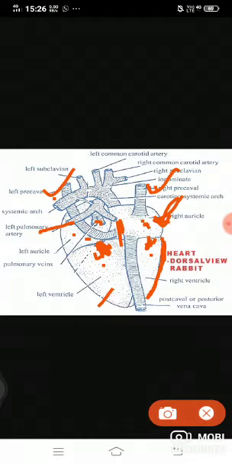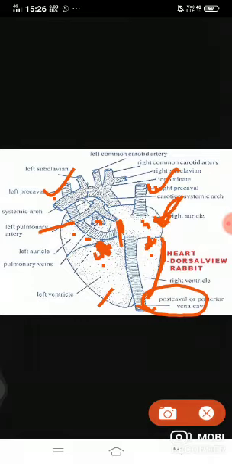One precaval vein here, another precaval vein here. Both together are the superior vena cava. And there is one postcaval vein, the inferior vena cava, bringing deoxygenated blood from all parts of the body.